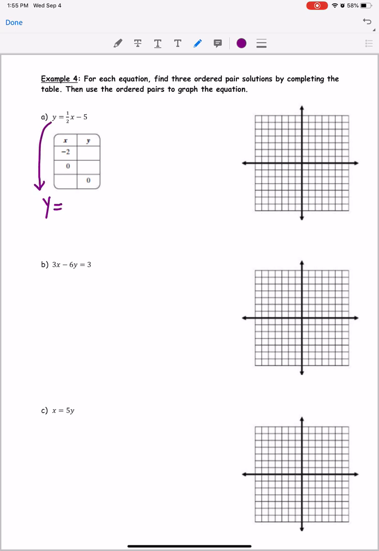This is the same as y equals x over 2 minus 5. Okay. So this is the same thing as them saying 2 pages ago that you have -2 comma something and you're finding this something. We know that the x is -2, so plug that into this x and then solve for y.